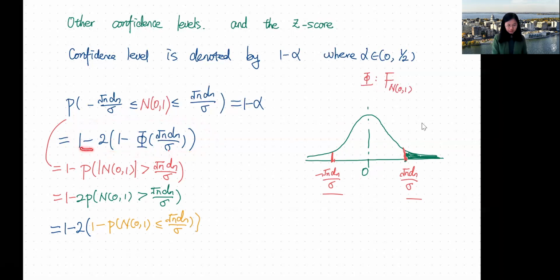So it's 1 minus 2 times the tail probability, the right tail probability, and the right tail probability is 1 minus the CDF. I want to equate that to 1 minus alpha so that I can solve for this quantity. So now let's do that. Let's solve for this quantity.